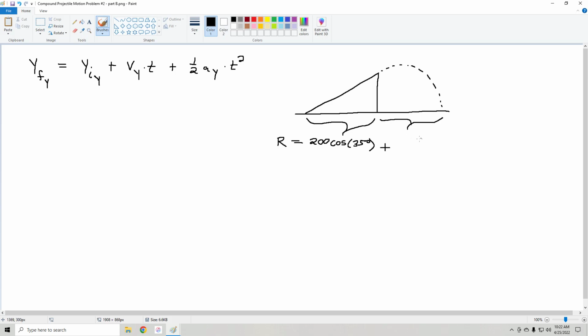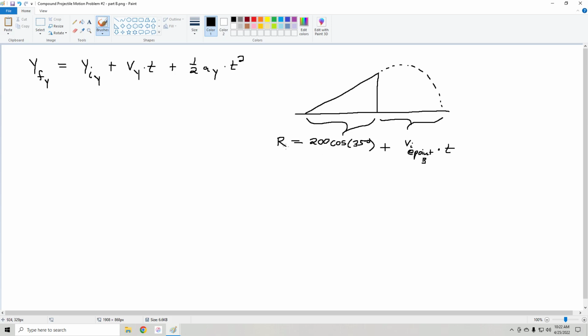We'll call this the initial velocity at point B times the amount of time that it was in the air.